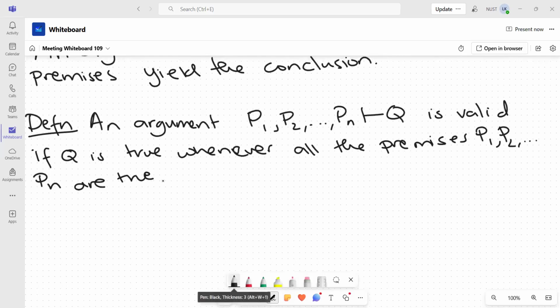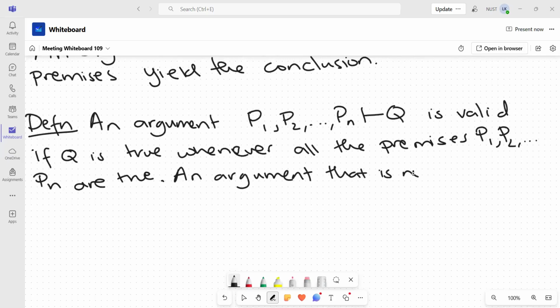And if an argument is not valid, we call it a fallacy. Let me say that an argument that is not valid is called a fallacy. Okay. So if it's valid, it means that Q is true whenever all our premises are true. And if that is not the case, then we say that our argument is a fallacy.